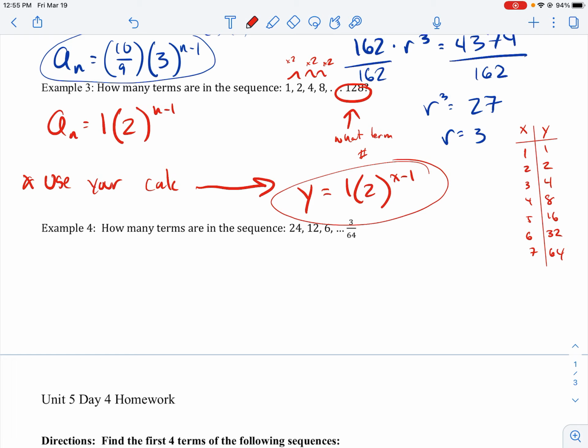I believe it's the next one. 8 is 128. So there is our answer, right? Because remember, our x values are kind of like our input, right? So 1, 2, 3, 4, 5, 6, 7, 8. So our 8th term in the sequence is 128.